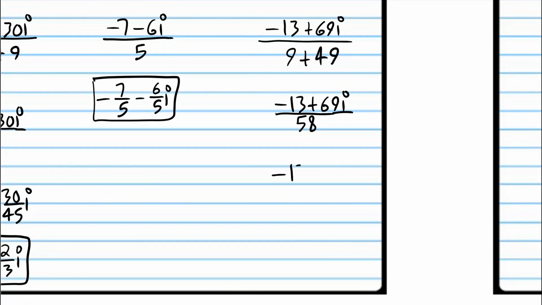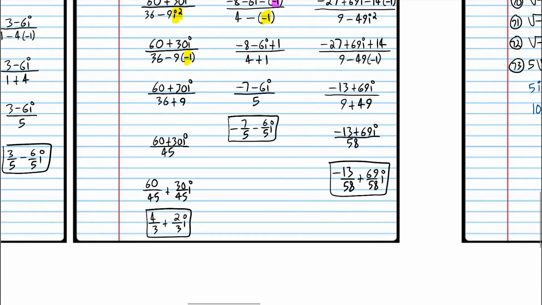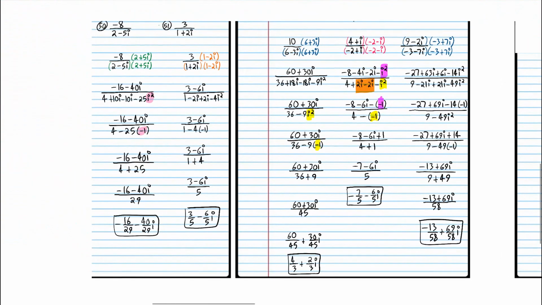And then we have negative 13 over 58 plus 69 over 58 i. And there you go. So if you got that one right, excellent.